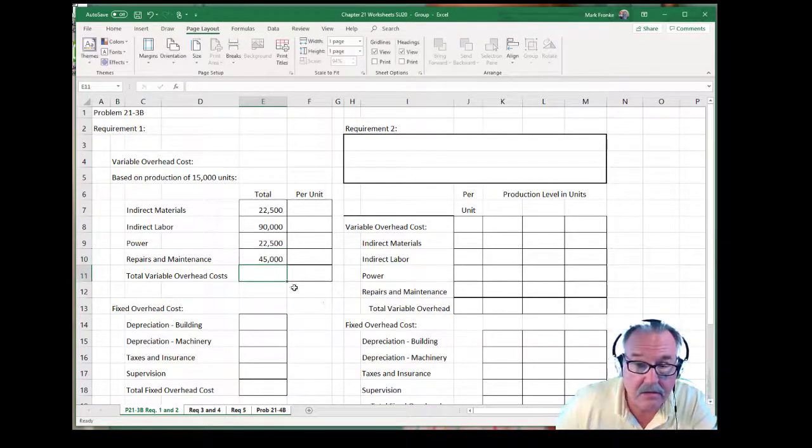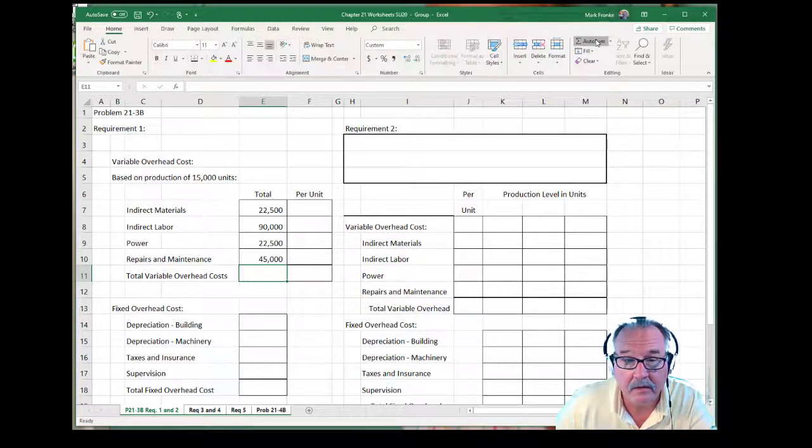So if we total this up, we get total variable cost of 180,000 at the level of production of 15,000 units.